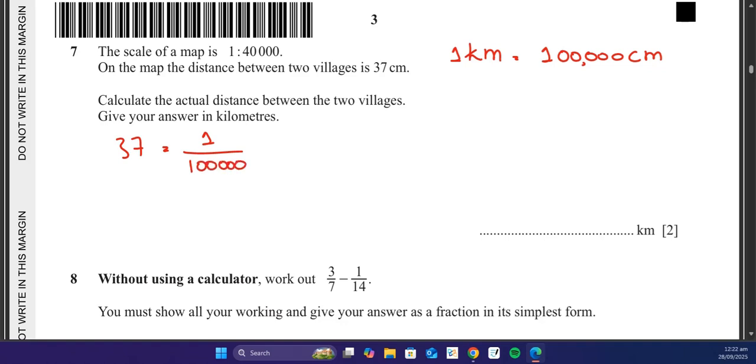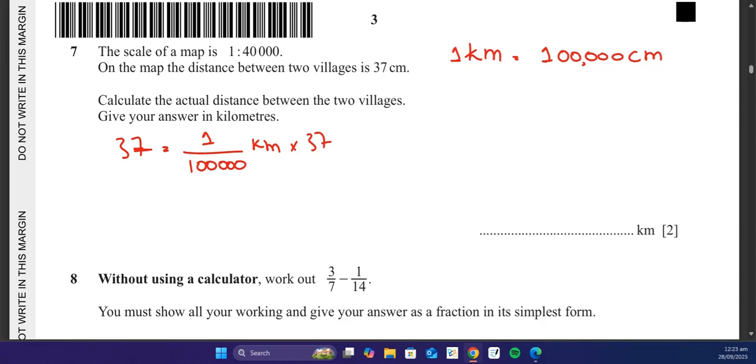So what we're basically doing here is converting the centimeters into kilometers. That is the equation you basically have.